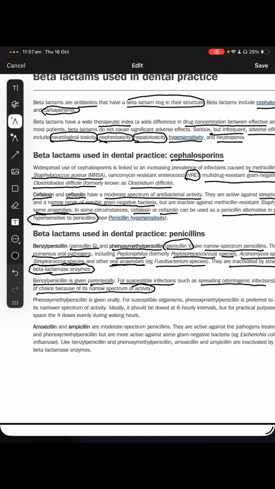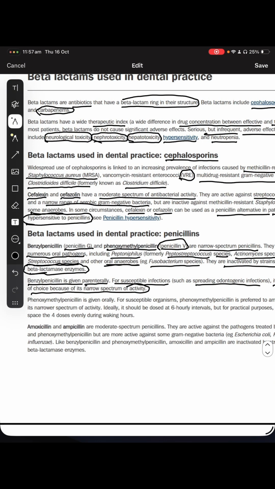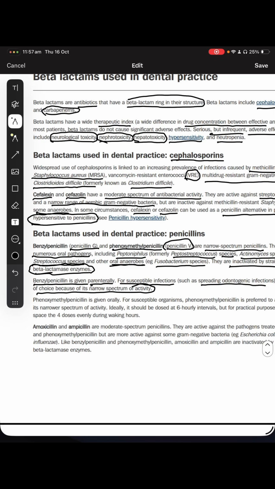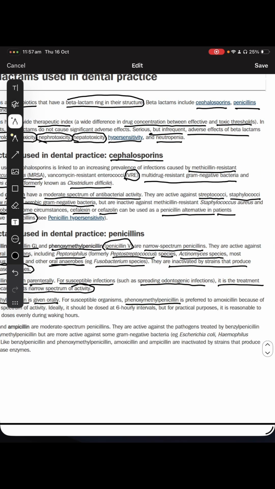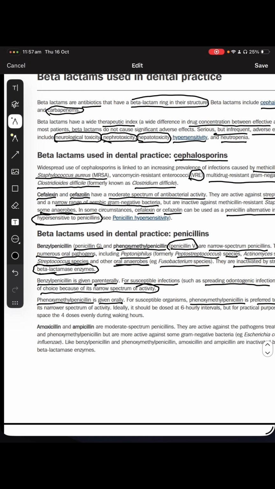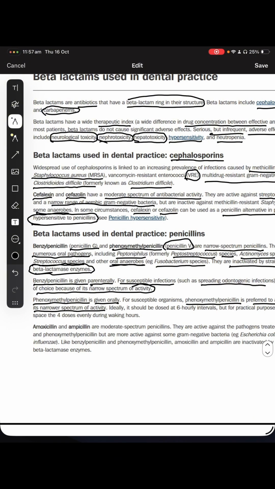So, in people with spreading odontogenic infection, benzyl penicillin is the choice of treatment because of its narrow spectrum of activity. Now, phenoxymethyl penicillin is given orally. For susceptible organisms, phenoxymethyl penicillin is preferred to amoxicillin because of its narrow spectrum of activity.